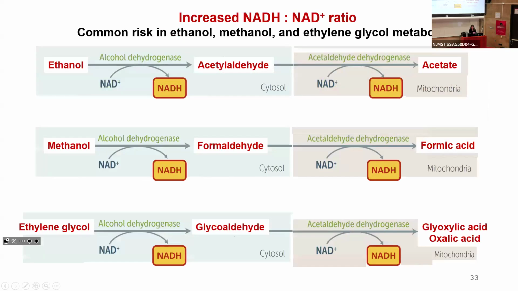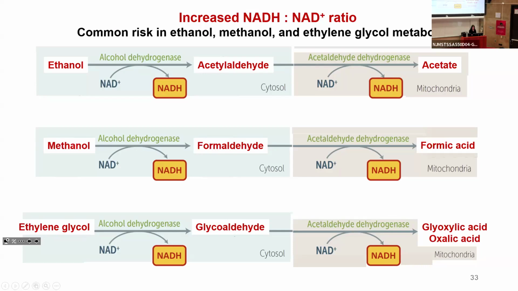And for ethanol, methanol, or ethylene glycol, these are all alcohols that can be abused. Sometimes people who cannot get access to ethanol, or for whom it's restricted, may also drink methanol or ethylene glycol, which has a sweet taste.